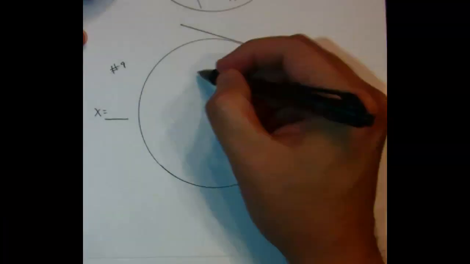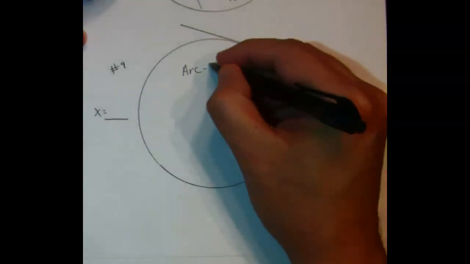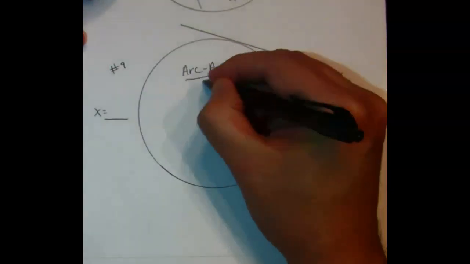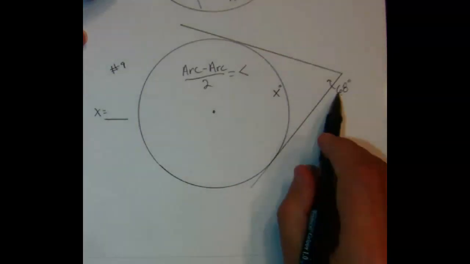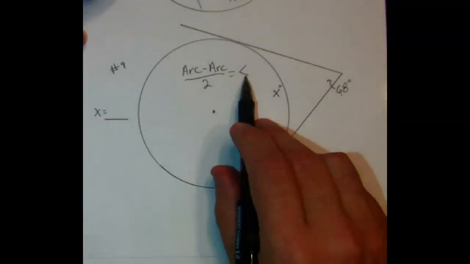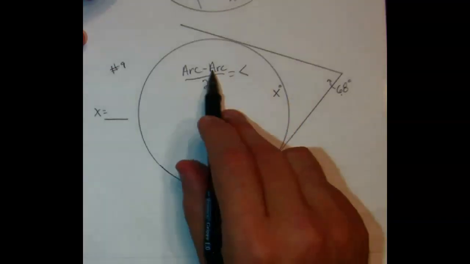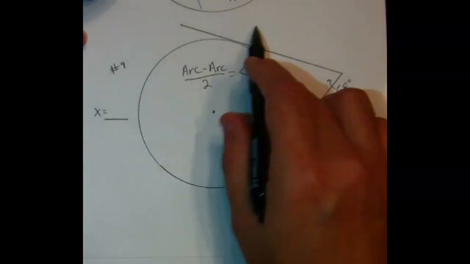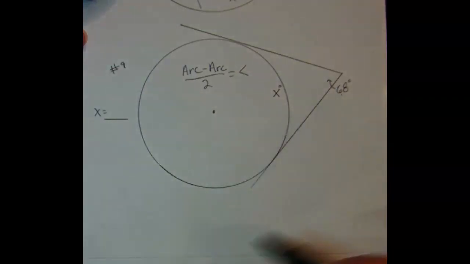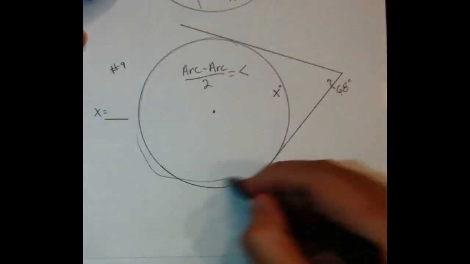Because this is arc minus arc divided by 2 equals the angle. And all I have is this 68 degrees, and I have this x right here. But what about this arc? How am I going to find that? Alright, how many degrees are in a circle?